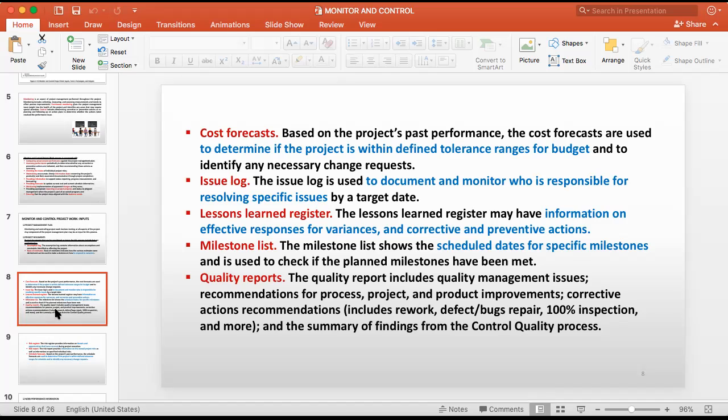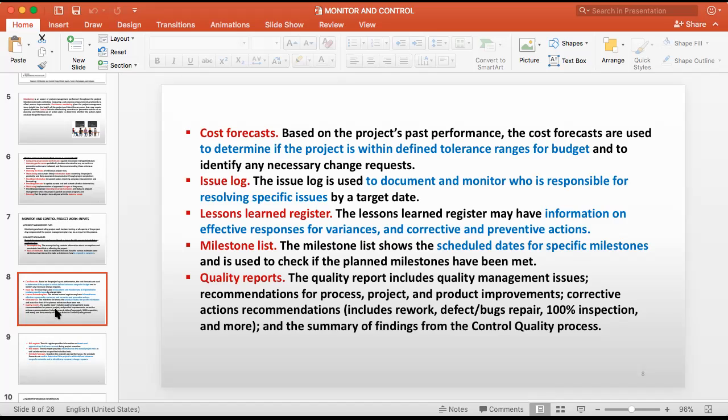Likewise, the quality report. The quality reports include quality management issues, recommendations for process, project and product improvements, corrective action and recommendations. The quality reports also address the quality management issues.